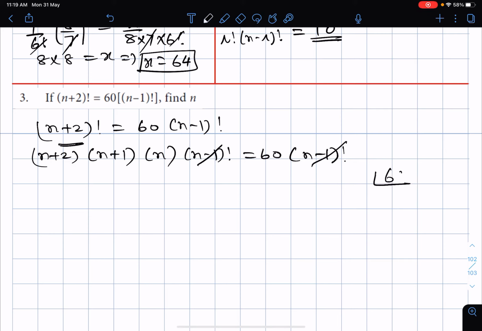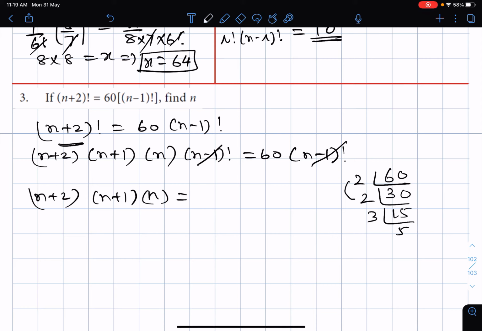Now you factorize your 60 by 2, you get 30, again by 2 you get 15, by 3 you get 5. Now this you can write as consecutive, because here it is consecutive, n plus 2, n plus 1, n. So combining these, you can write it as n plus 2 into n plus 1 into n is equal to, here 2 into 2 is 4.